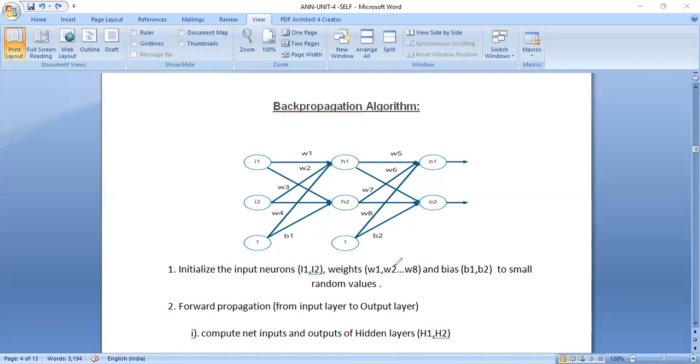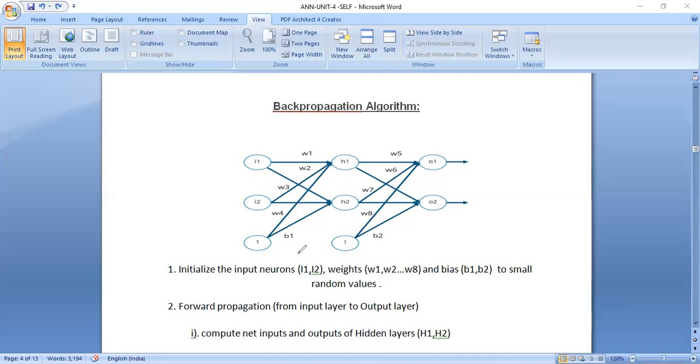It is one of the most popular algorithms used in multi-layer perceptron. By using multi-layer perceptron, we can solve different kinds of classification problems whose data sets have more than two classes. So this is a small introduction to the backpropagation algorithm.